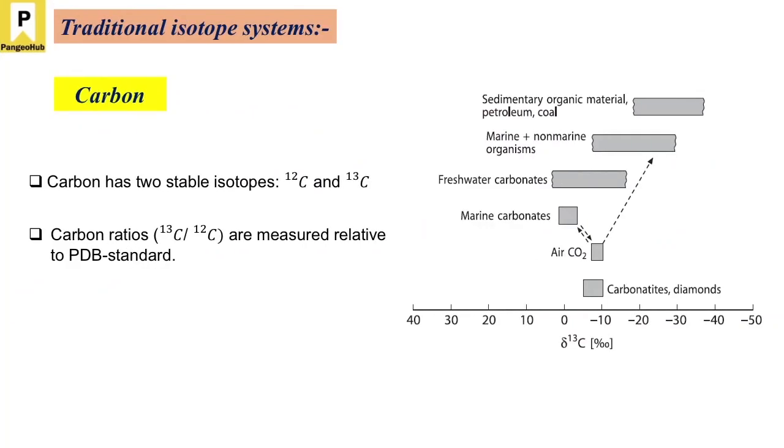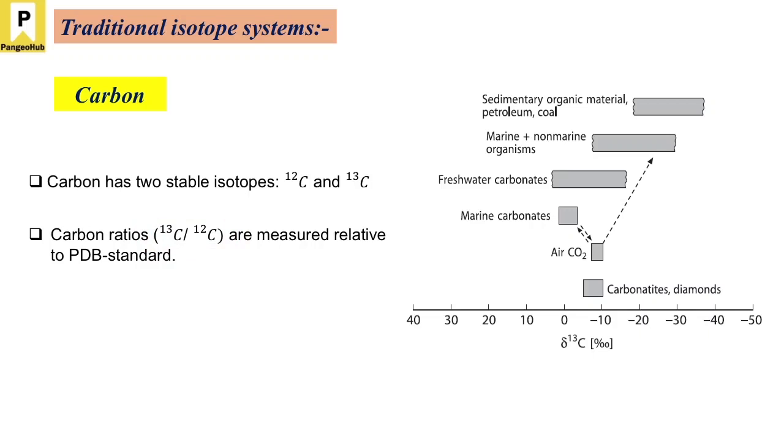Now let's go to carbon. Carbon, as we know, all the organisms are made up of carbon, and carbon is a very important isotope to be dealt with. So carbon has two stable isotopes, 12C and 13C. The ratio is generally expressed as 13C by 12C, and the standard is measured relative to PDB, that is PD belemnite standard.